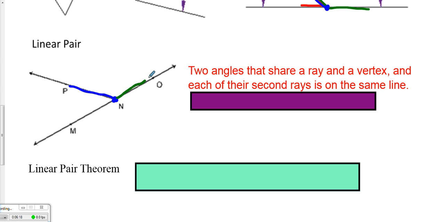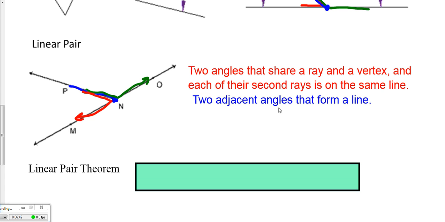Here we've made this big green angle, and here we've made the red angle with that blue ray, the one they share. This ray and this ray are the same line. Okay? These would then be called a linear pair.